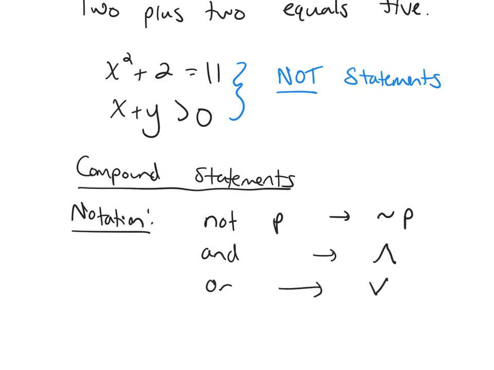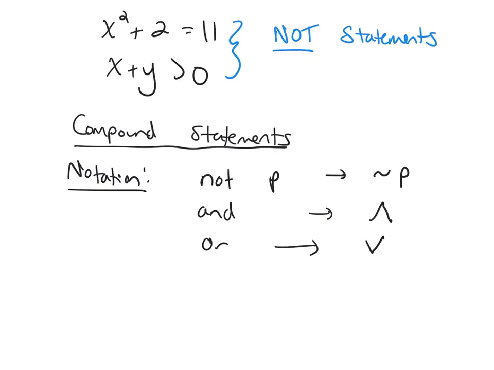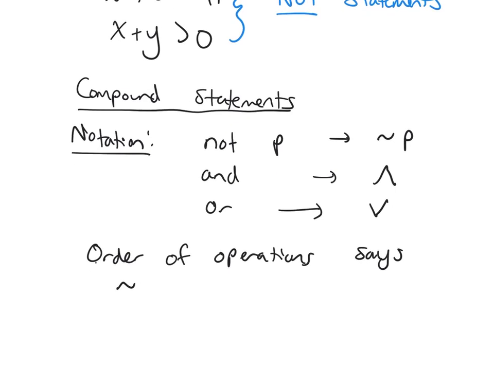And just one thing I want to mention is that these are kind of thought of like operations, and so your order of operations says that not, the tilde sign, is performed first.